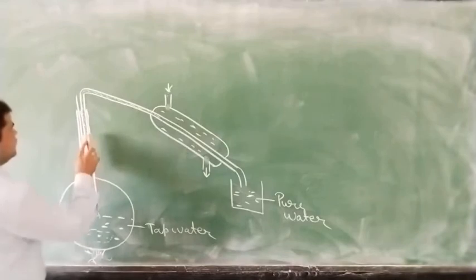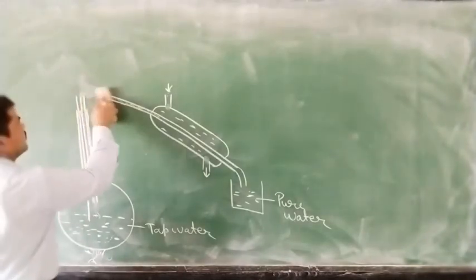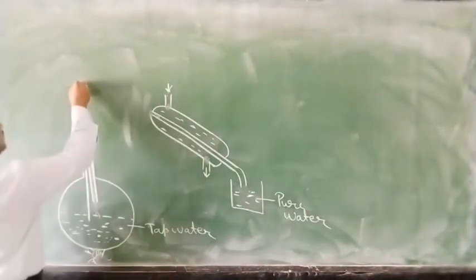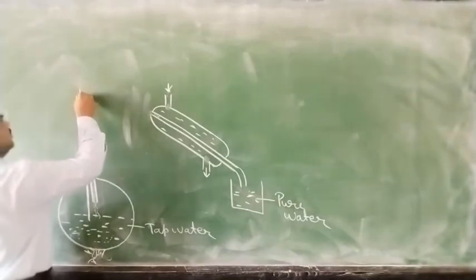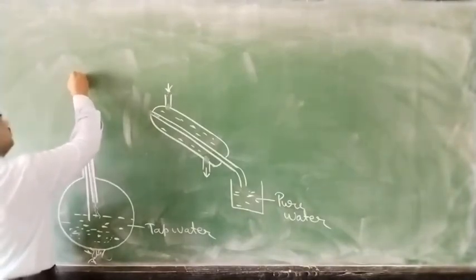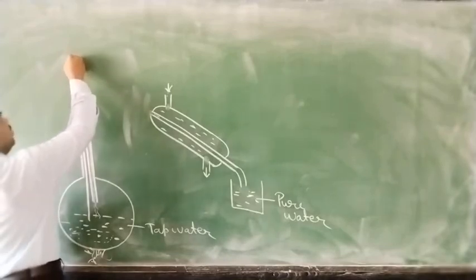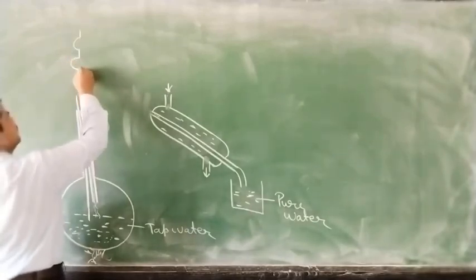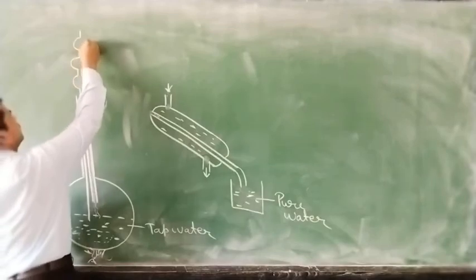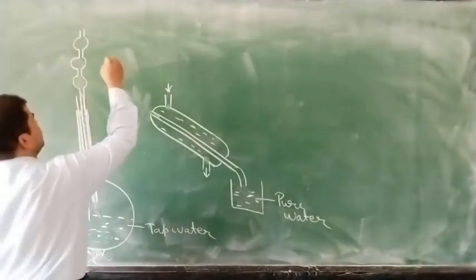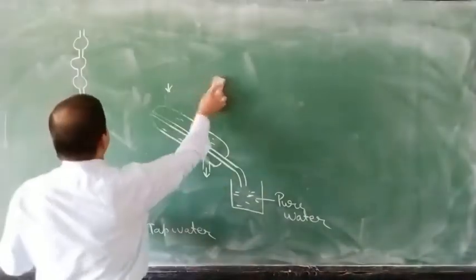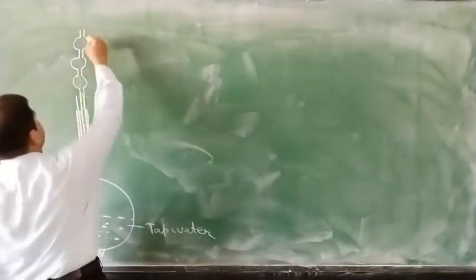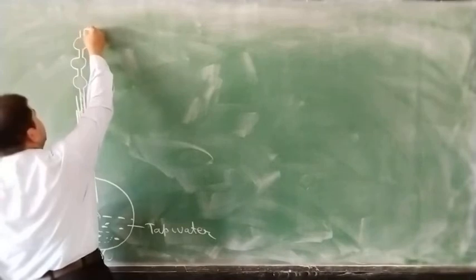In this modification, fractionating columns are present, like in this manner. A fractionating column is present here.